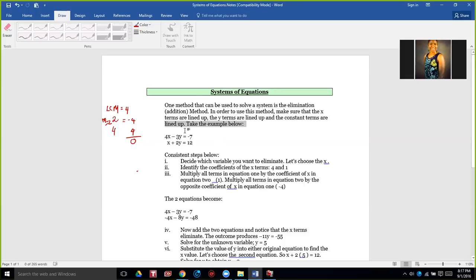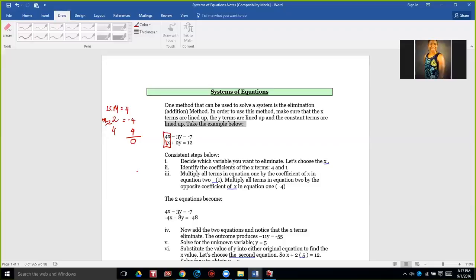So if we look here, we want to eliminate the x's. Looking at the coefficients, we got 4 and 1. The LCM of 4 and 1 is 4.